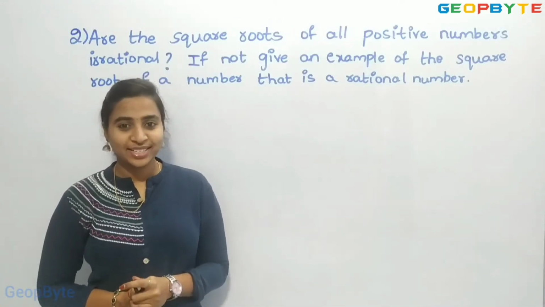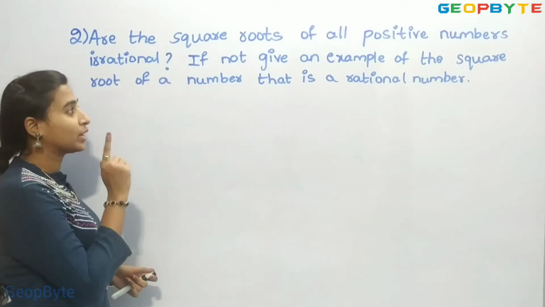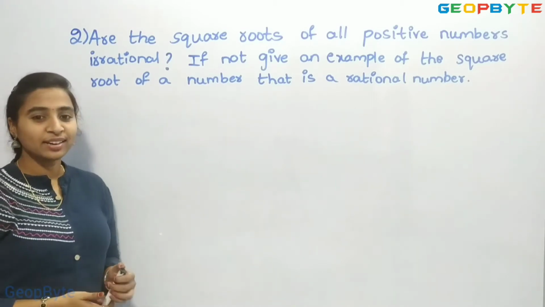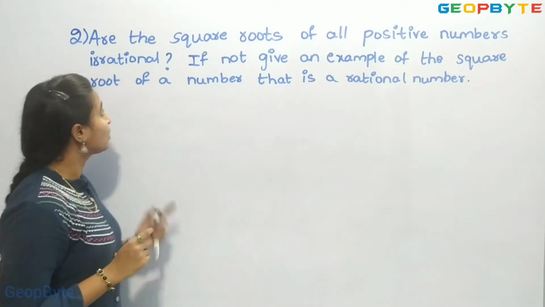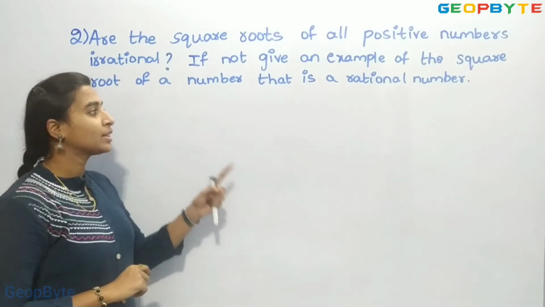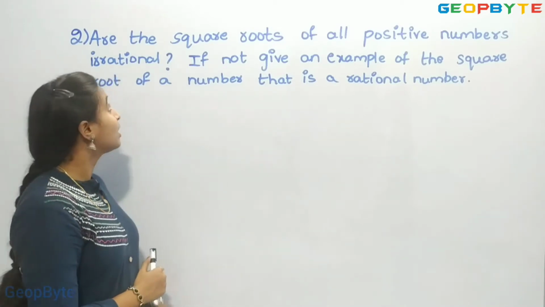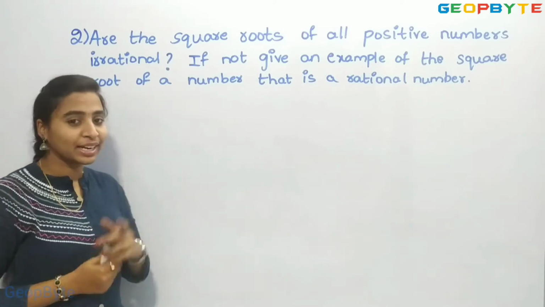Now, let us see second question. Are the square roots of all positive numbers irrational? If not, give an example of the square root of a number that is a rational number. It is given that are the square roots of all positive numbers irrational?